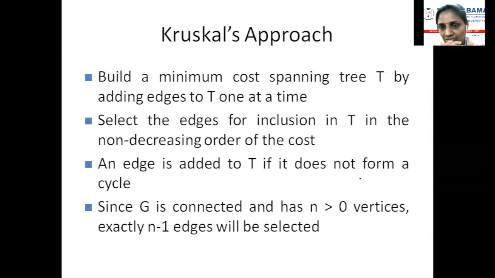Now the first algorithm is called Kruskal's algorithm, or Kruskal's approach. What happens in Kruskal's algorithm? You try to build a minimum cost spanning tree from the given graph. You consider the entire graph as a collection of trees, which you call a forest.